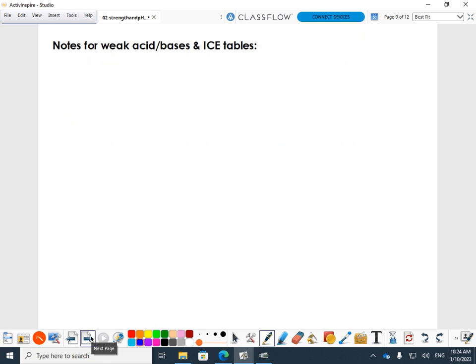Okay, so when you do the ICE table for a weak acid or a weak base, then you have to write your own dissociation equation.